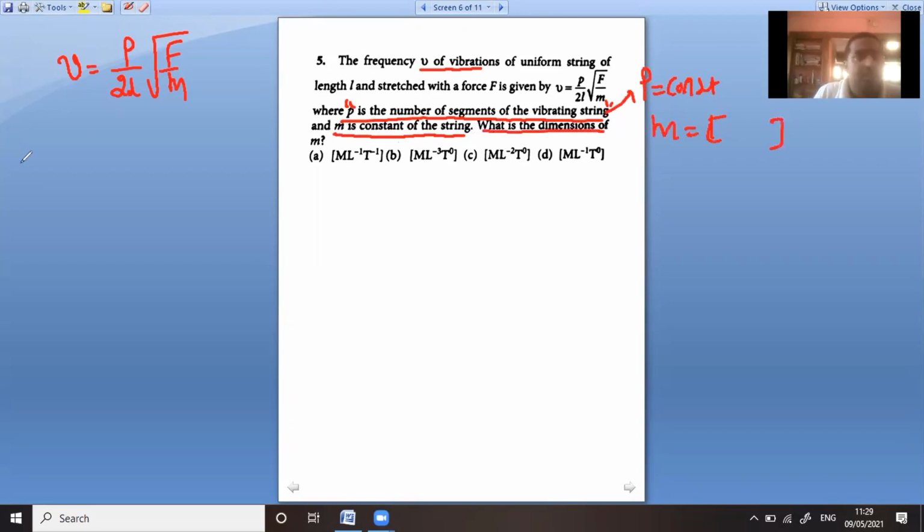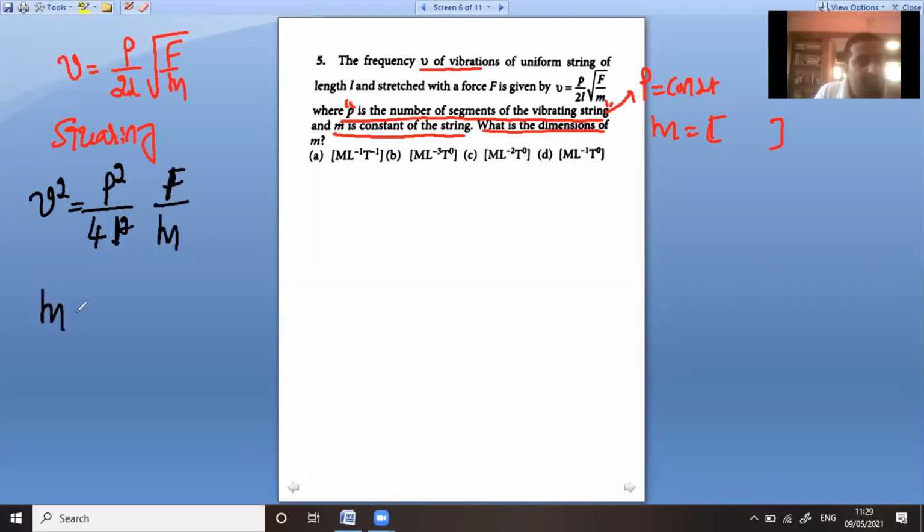So now, squaring on both sides, nu square is equal to p square over 4L square into F divided by m.